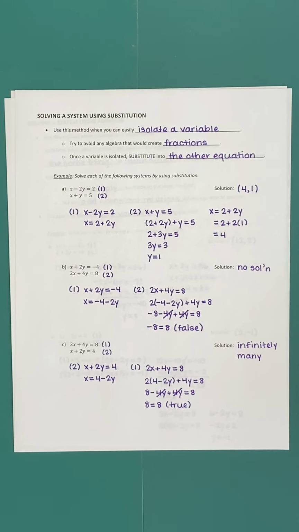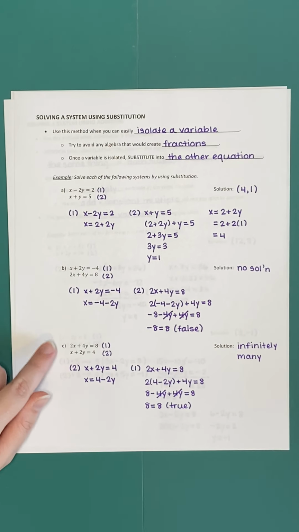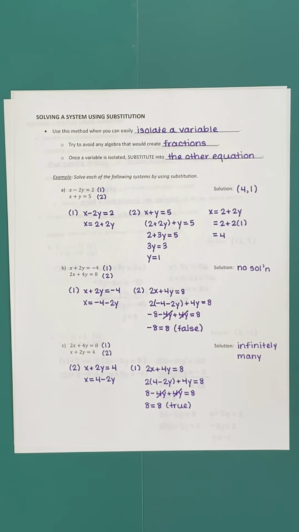Now we have one additional algebraic technique that we can use to solve these kinds of systems. Specifically, what happens when it's difficult to isolate a variable? You'll notice in all 3 of these systems that we looked at, there was at least one variable that could easily be isolated because there was at least one variable that had a coefficient of 1.